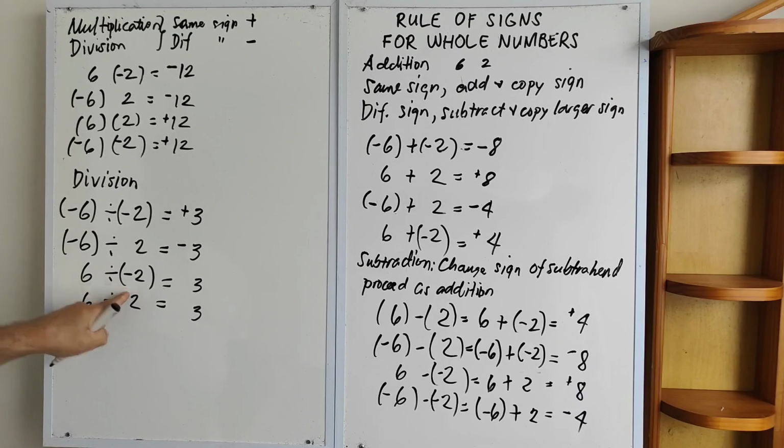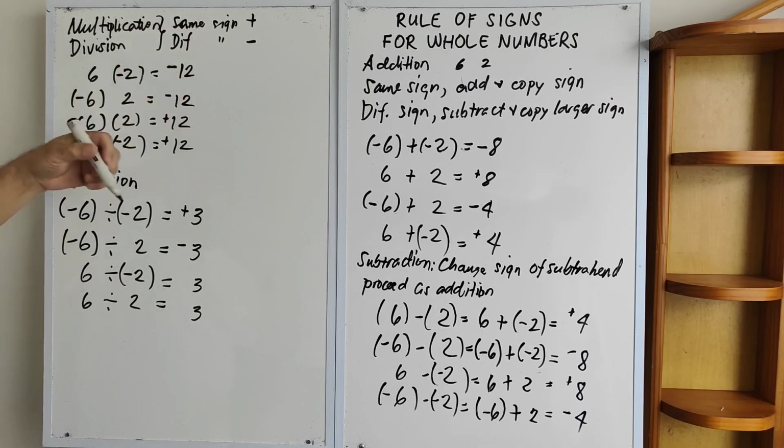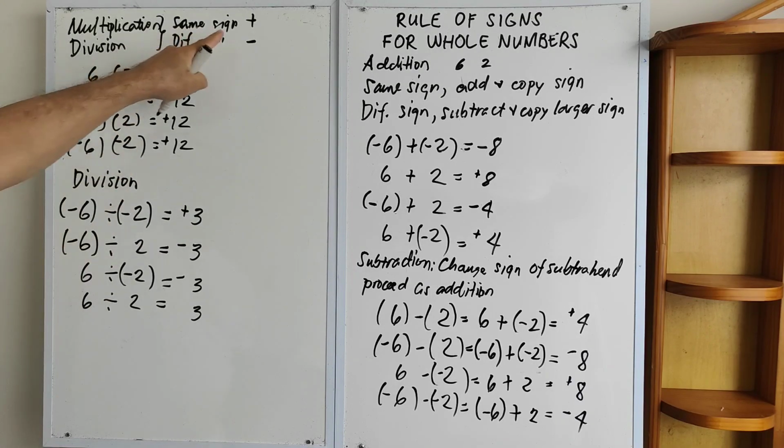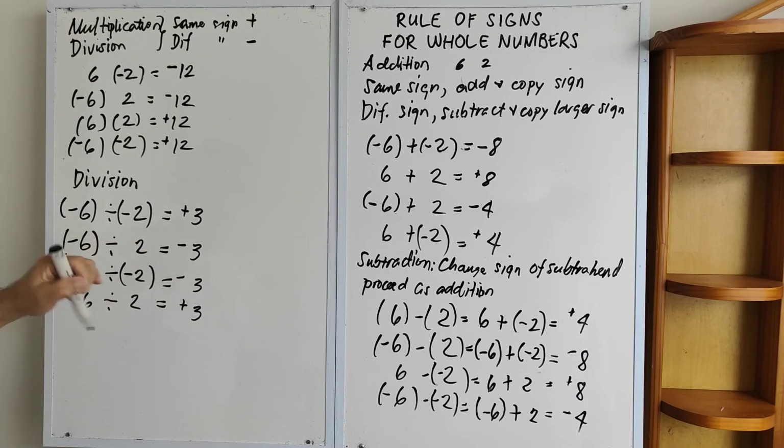Positive and negative, they have different signs, so negative. 6 and 2 are both positive, they have the same sign, so this is positive. Again, the two of them will have the same numbers, so negative 3, negative 3, positive 3, positive 3.